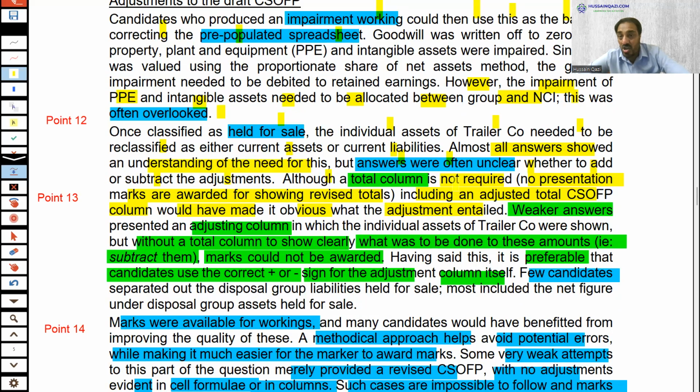As a total column is not required, no presentation marks are awarded for showing revised totals, although an adjusted total consolidated balance sheet column would have made it obvious what the adjustment entails.